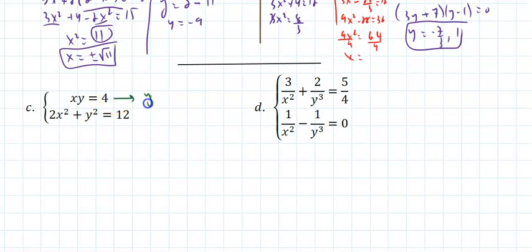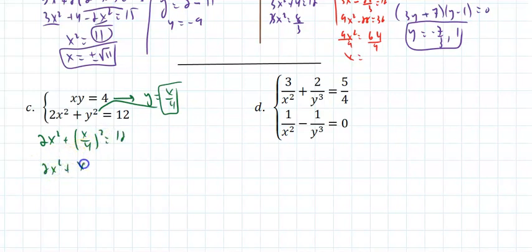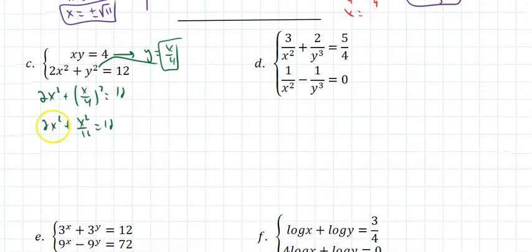If I solve for y equals x over 4, take this and substitute that right there. That would mean 2x squared plus x over 4 squared equals 12. 2x squared plus x squared over 16 equals 12. So multiplying by 16, 32x squared plus x squared.